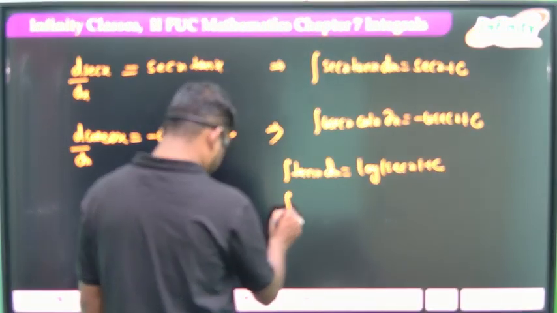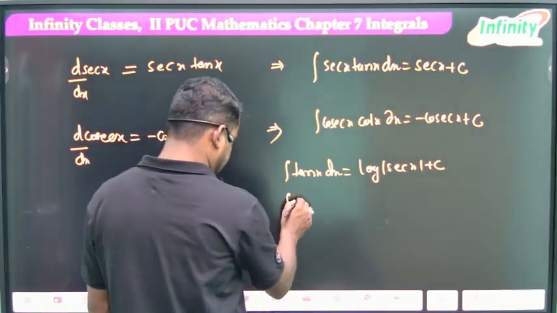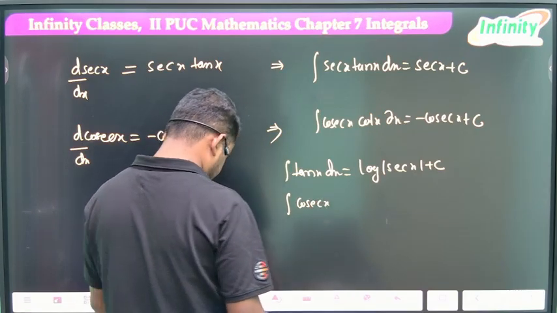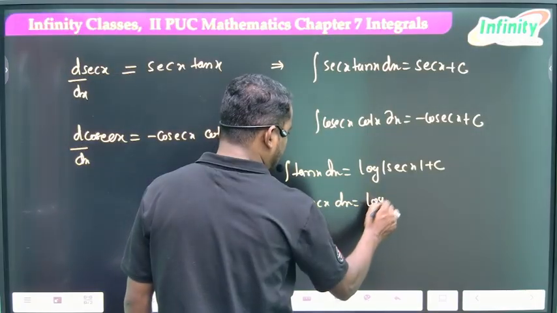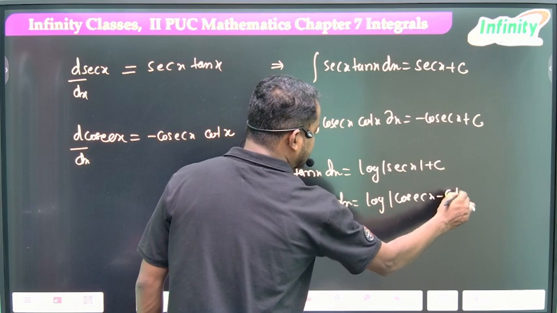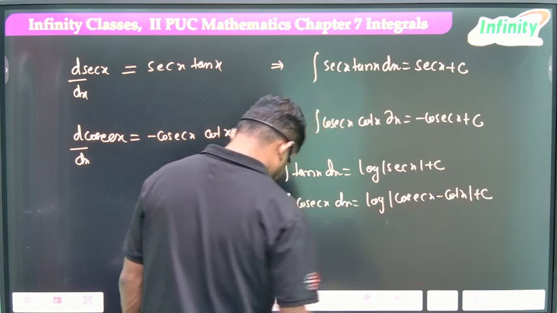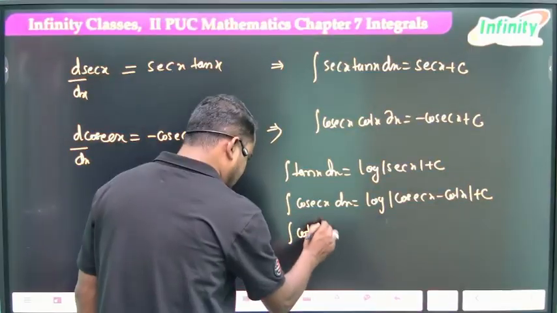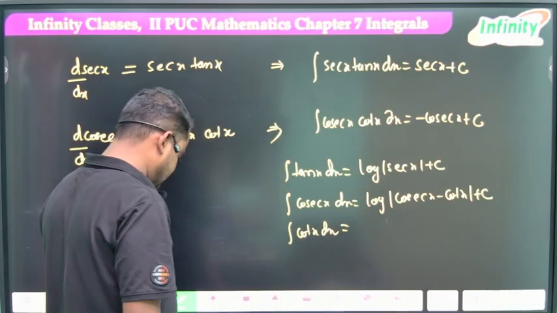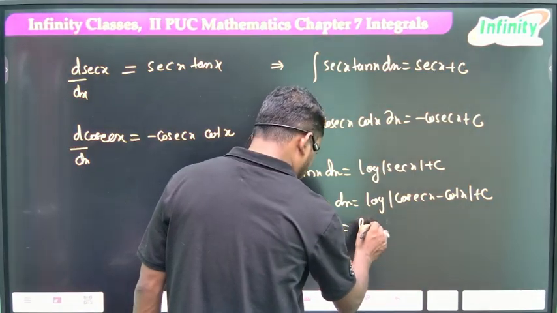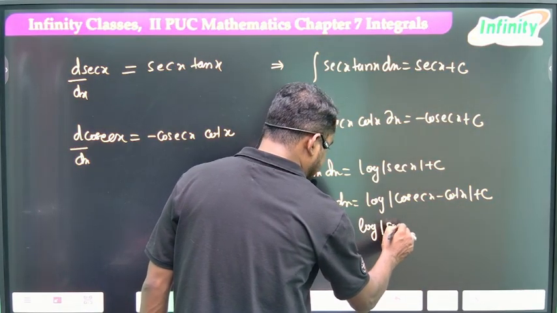Then integration of cosec x dx is log of mod cosec x minus cot x plus c. And integration of cot x with respect to x is log mod sin x plus c.